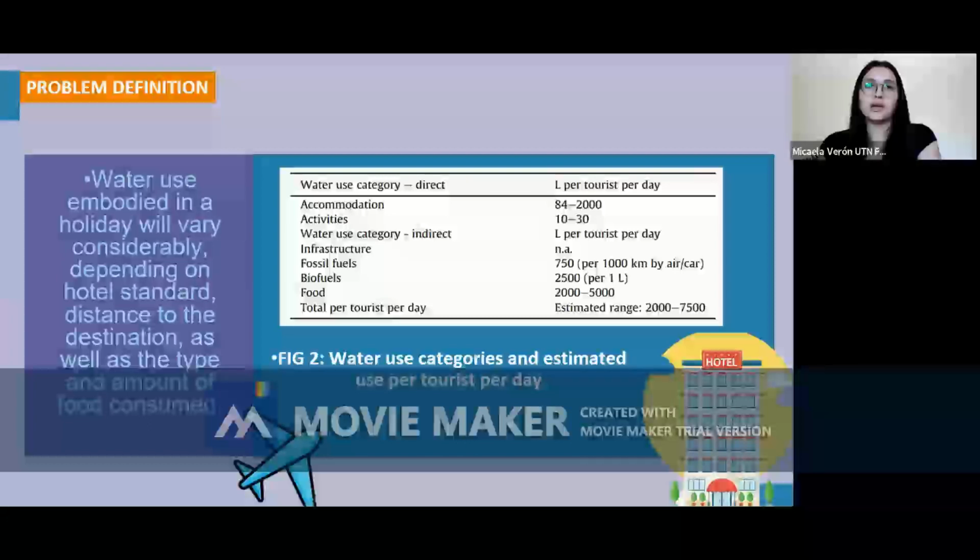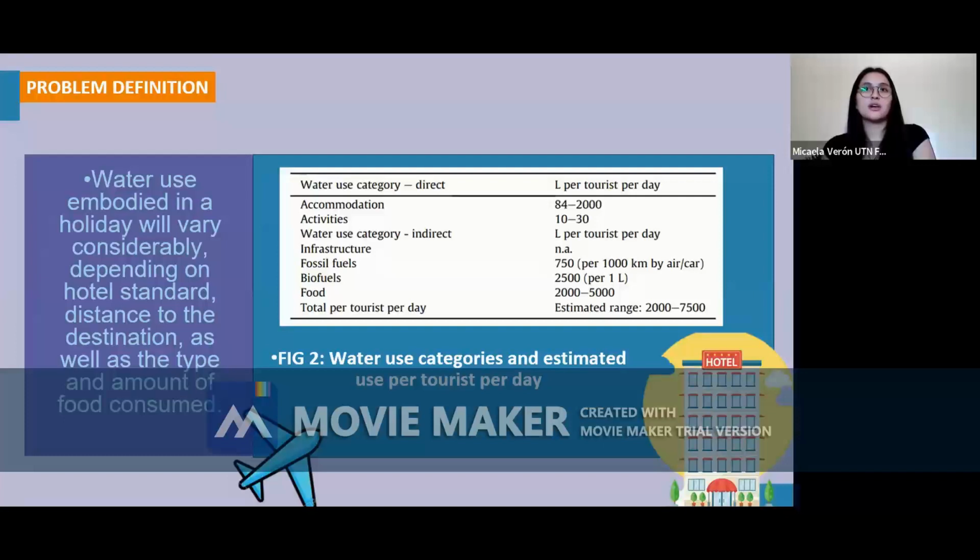As we know, people also consume water in their homes, but there is evidence that the tourist activities increase this consumption, and this leads to the classification into two types of water consumption, because indirectly they are consuming water embodied in infrastructure, for example.